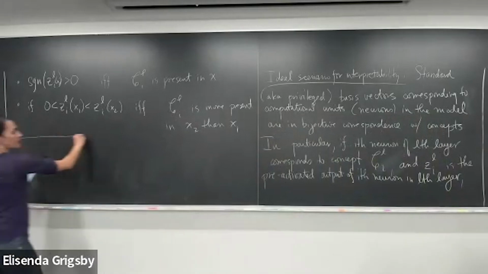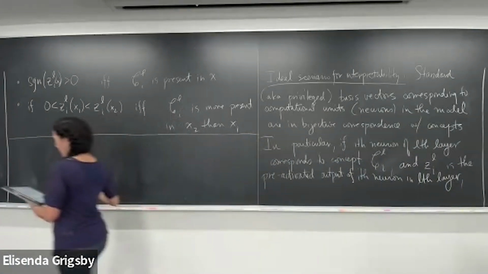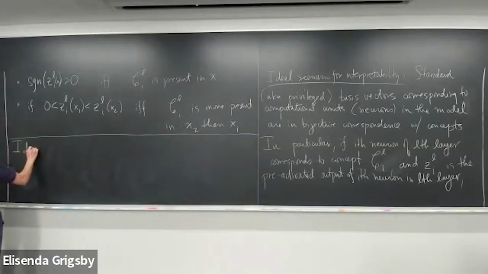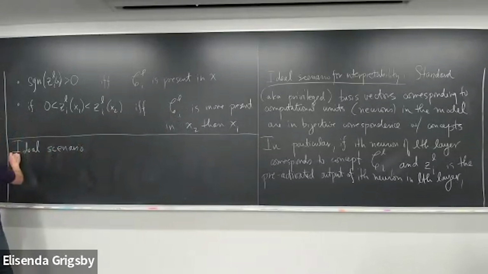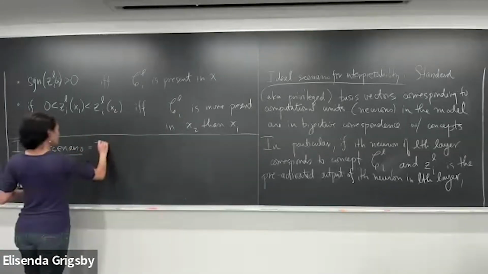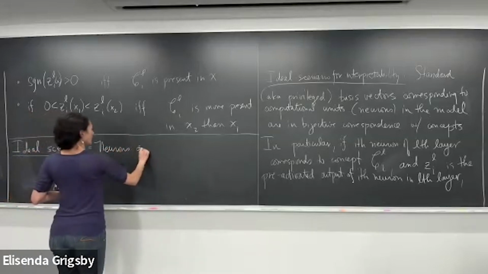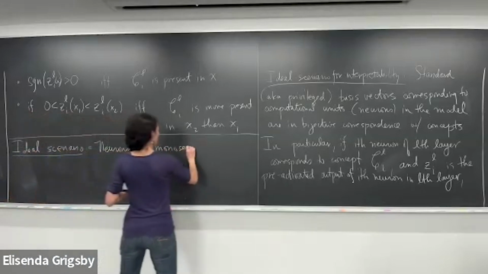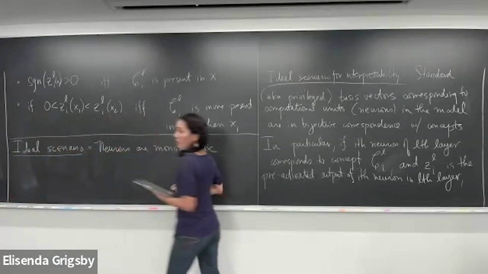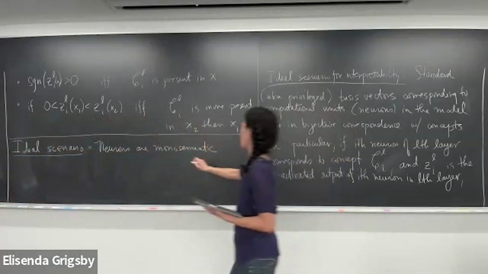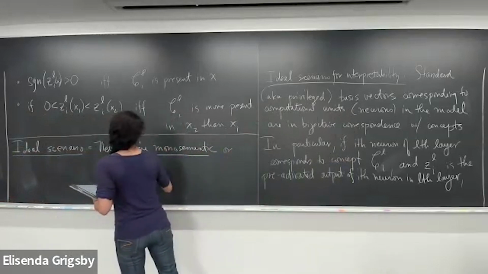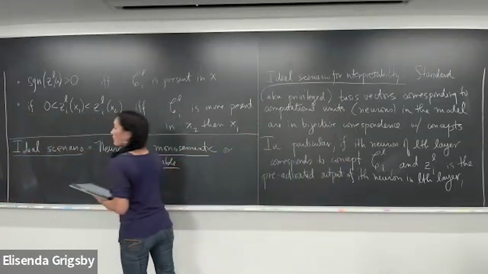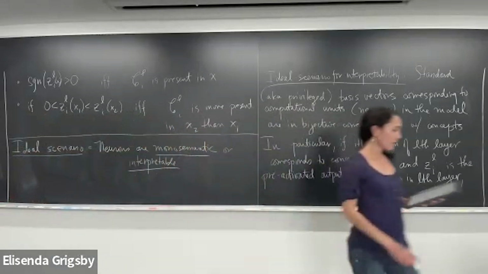Let me put some terminology on this. When I talk about this ideal scenario described above, it is often described as the neurons being monosemantic. They have a single meaning, or are interpretable.